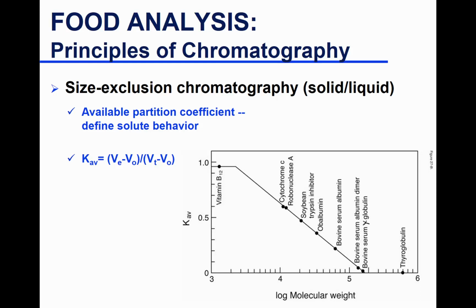When VE nears VT, your KAV nears 1, that means it's the smallest. And the opposite is true. When VE is too small, that means it's close to V0, the void volume, then the denominator becomes too small, then KAV becomes too small, and that's indicative of a large molecular weight. Okay. Clear?